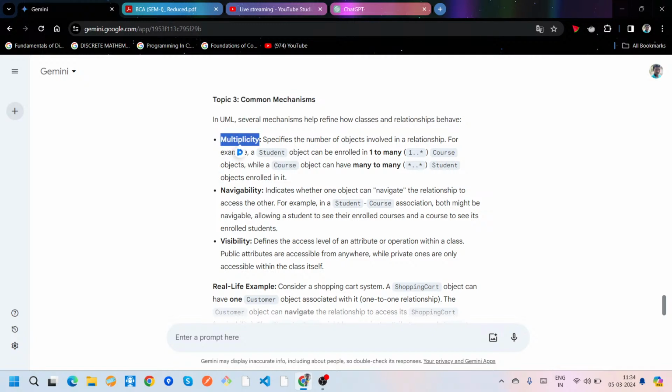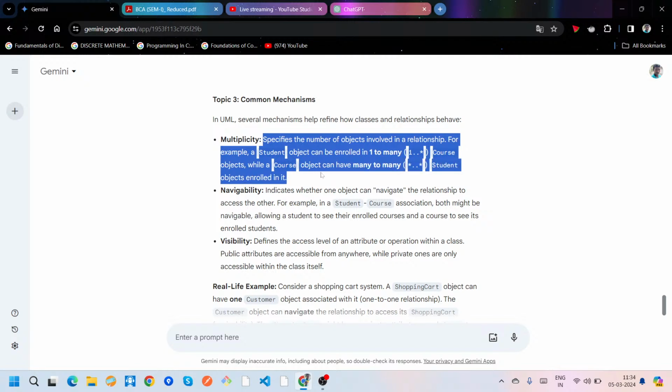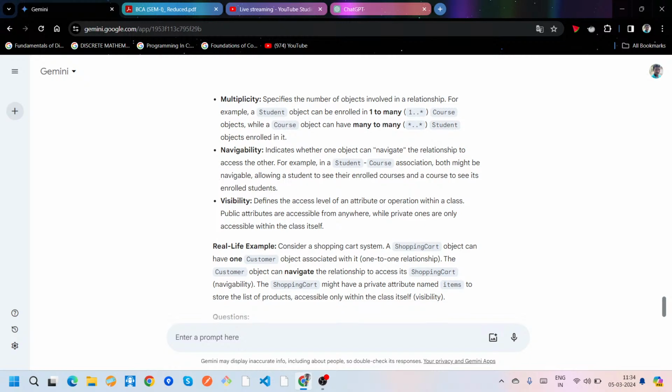Multiplicity specifies the number of objects involved in a relationship. For example, a student object can be enrolled in one to many course objects, while a course object can have many student objects enrolled in it.